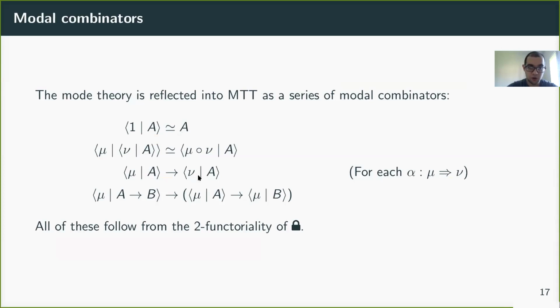We get a coercion for each 2-cell, and we get a functoriality style rule for each modality. And all of these really follow from the 2-functoriality of lock. The structure of locks is reflected into the structure of modal types. And I should remark that these are the equivalences that one might be familiar with from the HoTT book, say.